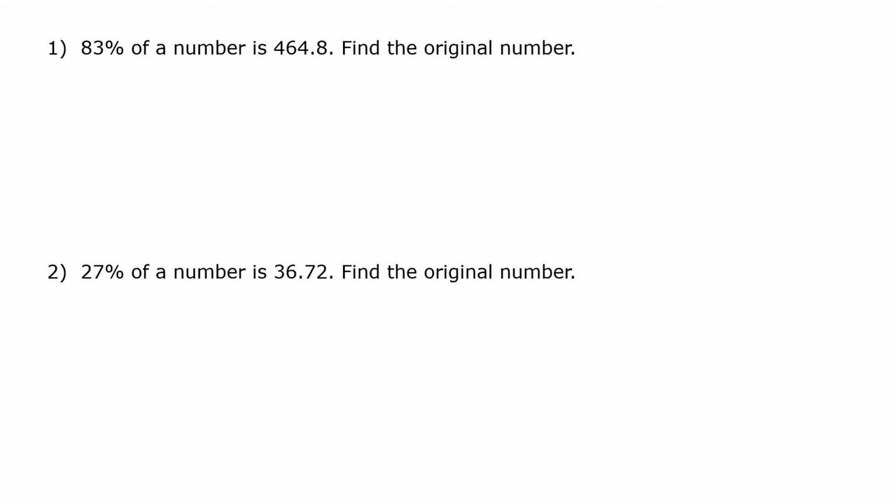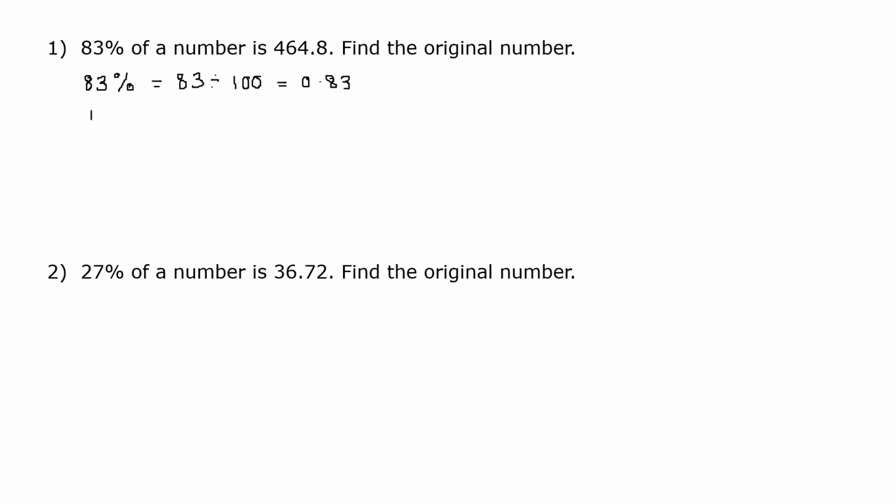So just like we do whenever we use multipliers, we're going to turn our percentage into our decimal multiplier. So 83%, I'm going to write that as a decimal, which will be 83 divided by 100, which is 0.83. Now, normally it's a multiplier, so I would multiply.